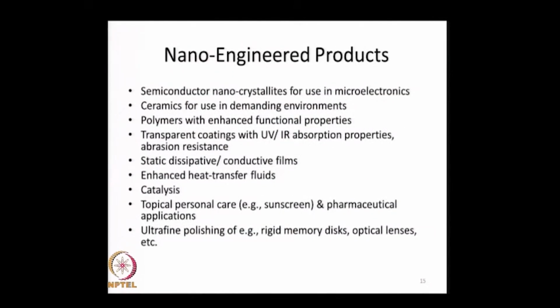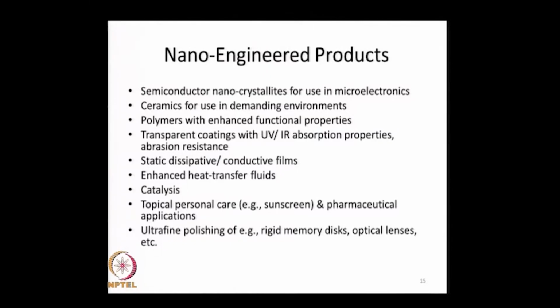Now, moving away from nano in nature, if you look at nano engineered products, again there is a huge number of them. Virtually every manufacturing industry in the world today is impacted either directly or indirectly by nanotechnology. The semiconductor industry, where nanocrystallites are now being used in microelectronics, which should actually now be called nanoelectronics rather than microelectronics.